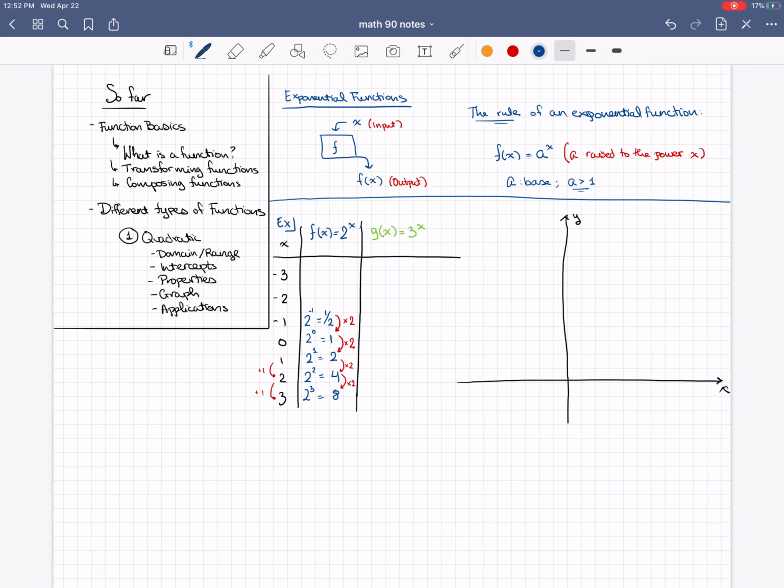A half. 2 to the negative second is whatever you would double to get a half. What would you double and get a half? Well, a quarter, of course. And then last but not least, 2 to the negative third is whatever you would double to get a quarter, and that's an eighth.